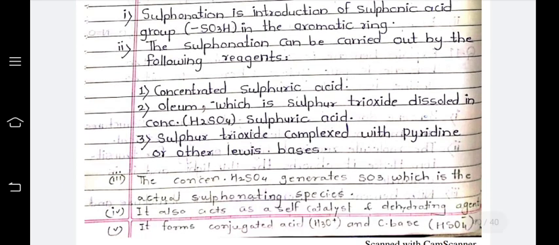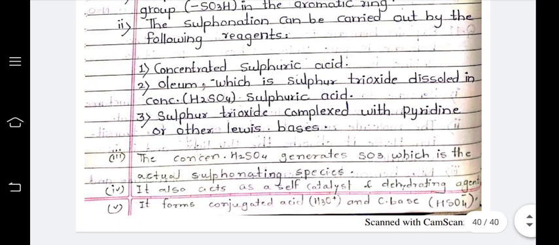Sulfonation can be carried out by the following reagents: concentrated sulfuric acid, oleum, which is sulfur trioxide dissolved in concentrated H2SO4, and sulfur trioxide complexed with pyridine or another Lewis base.